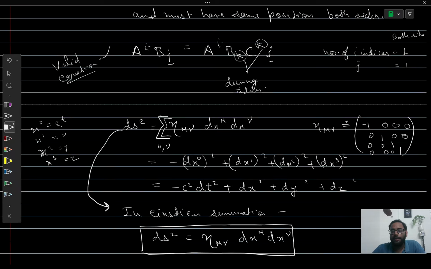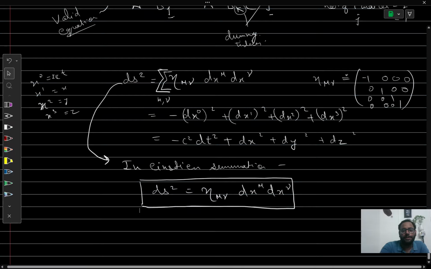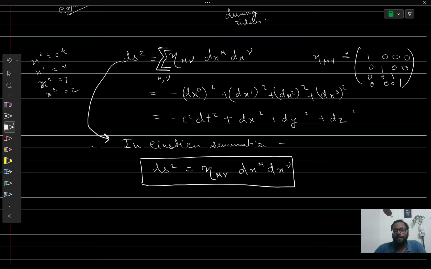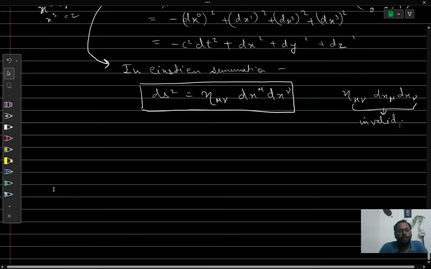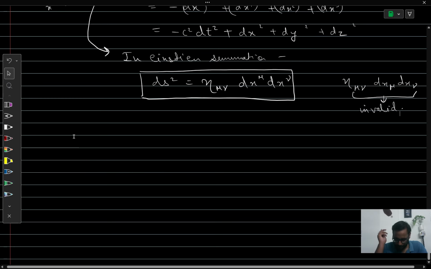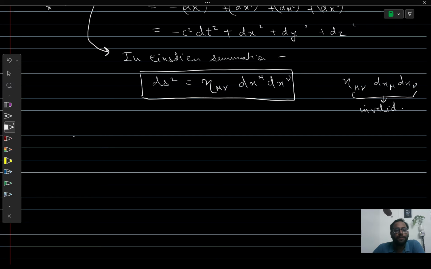Then it is considered as a sum. This is our convention. You cannot take it like this, as this is an invalid thing. Dummy indices in summation should always be in opposite positions. So you just check things.